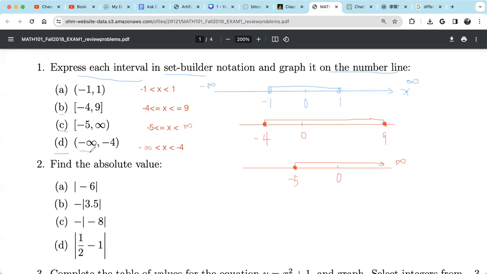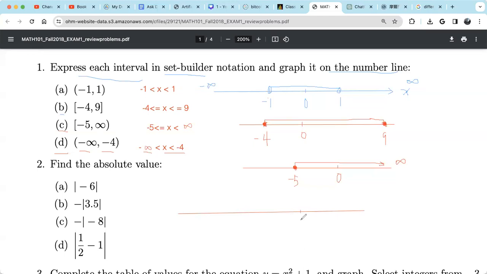So from negative infinity up to -4 means less than -4. We indicate it with greater than negative infinity. So this is set builder notation. No equal sign here, so when I draw open circles, I only need 0 and -4.